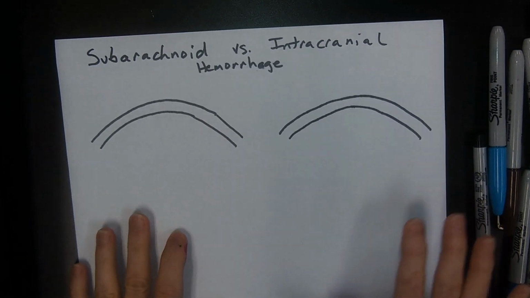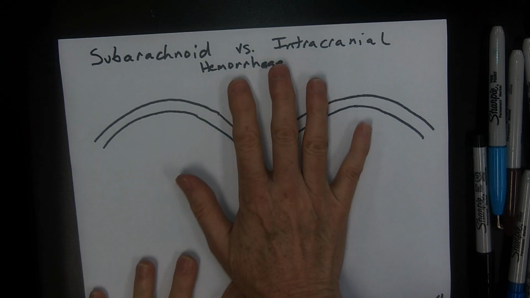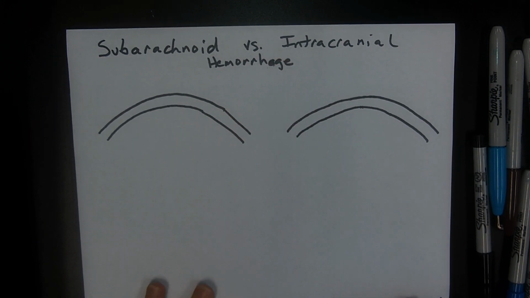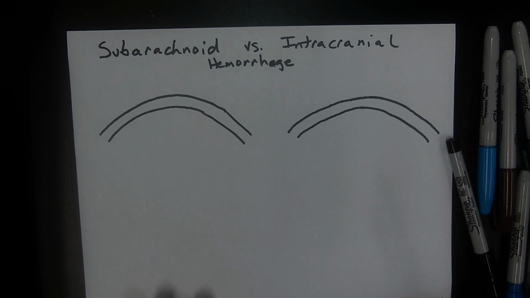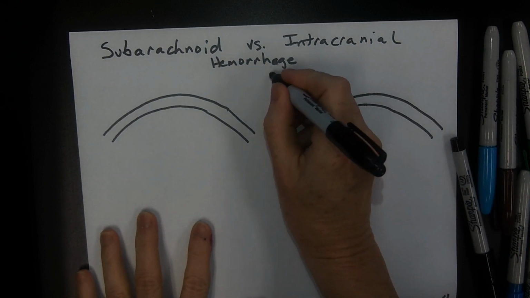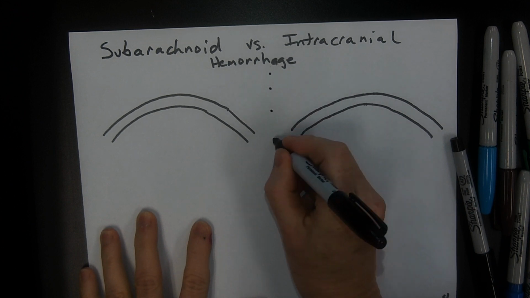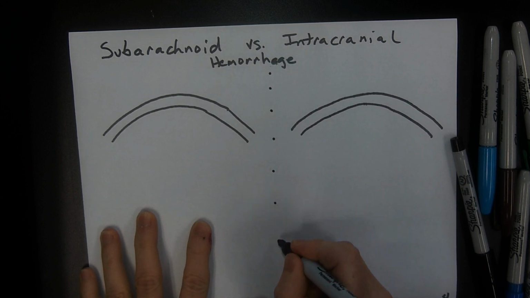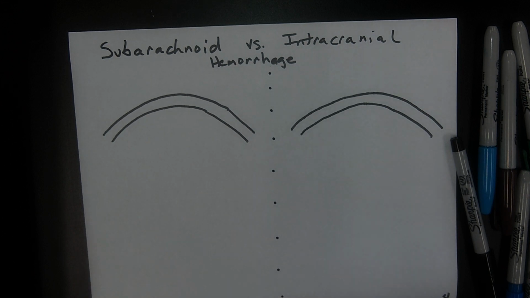Okay, moving on. Now let's look at the subarachnoid versus the intracranial. This is now a hemorrhage, not a hematoma. I'm going to do the same thing and separate this into two different sides.